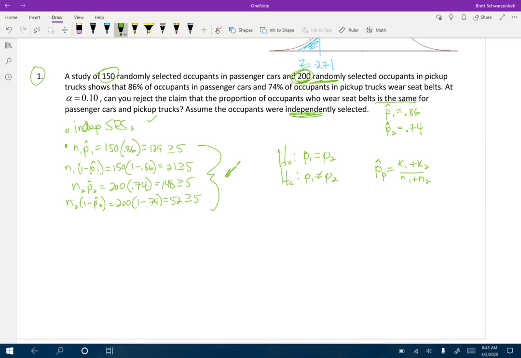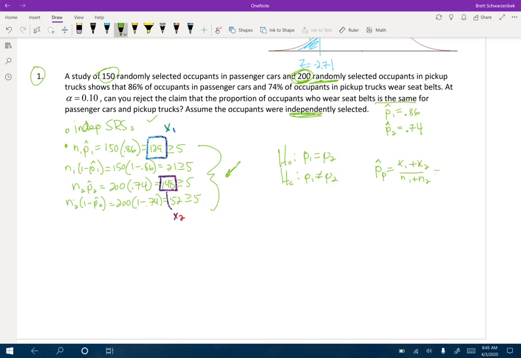A little trick though, which is pretty neat, is believe it or not, even though we don't have it in our original problem, we actually did calculate it. So if you go back to here, this number and this number are actually our successes, our x's. So this is x1 and this is x2 in our problem. By just checking the assumptions, we actually can find x1 and x2.